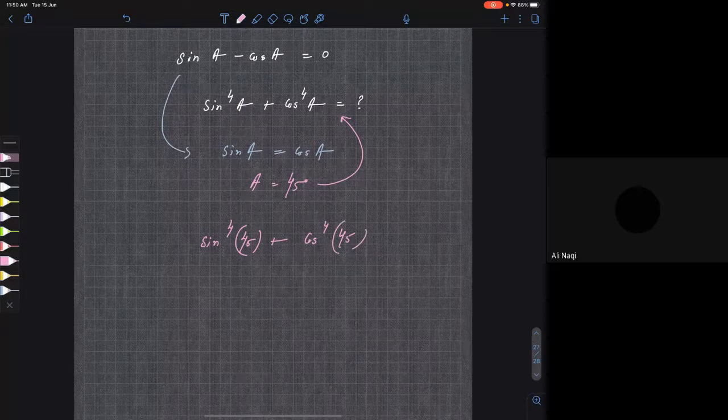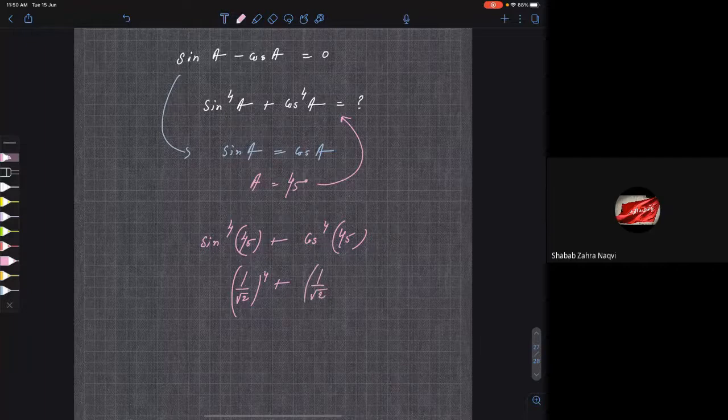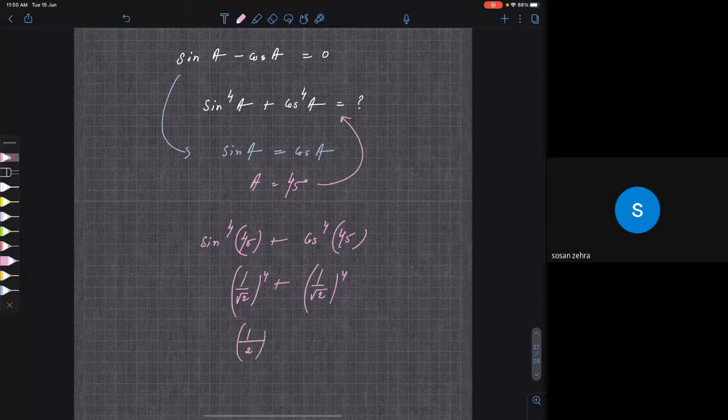It's (1 by root 2) whole power 4 plus (1 by root 2) whole power 4. The square of root 2 is 2, so if I do the square once, it will be 1 by 2, and 1 by 2 square, same thing. So it's 1 by 4 plus 1 by 4, which is 1 by 2.